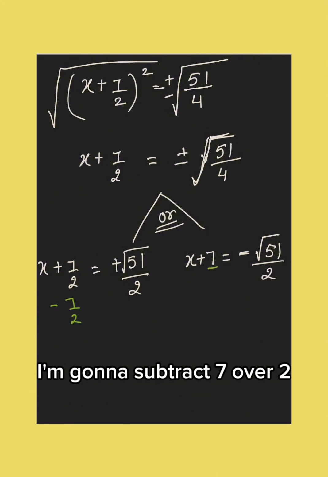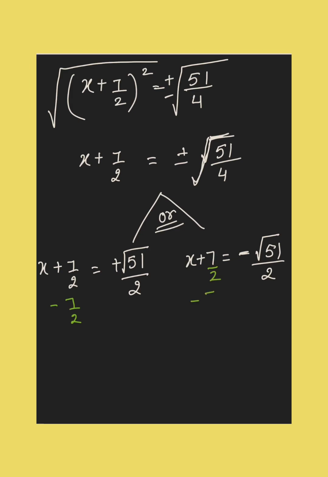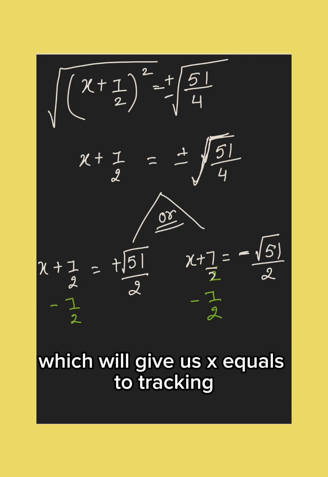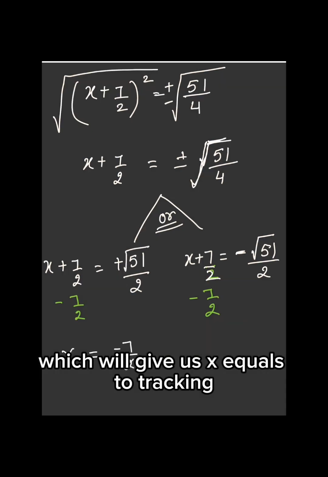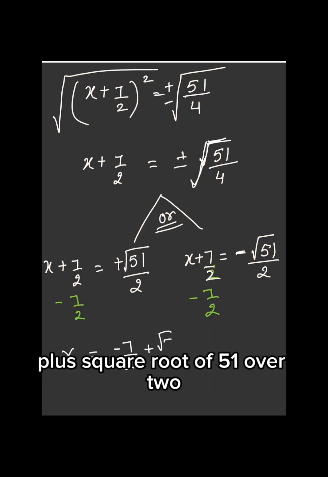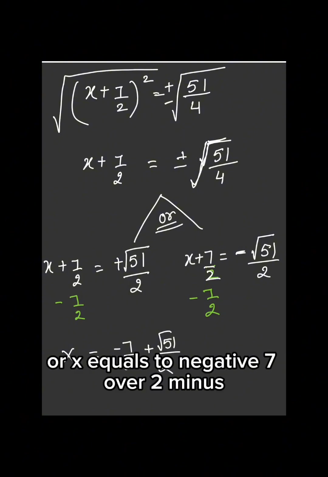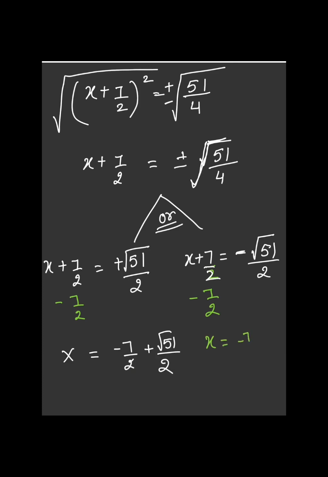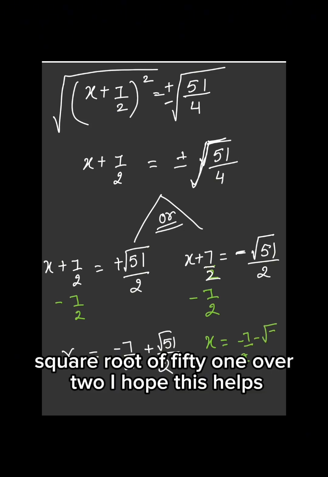I'm going to subtract 7 over 2 on both sides, which will give us x equals negative 7 over 2 plus the square root of 51 over 2, or x equals negative 7 over 2 minus the square root of 51 over 2.